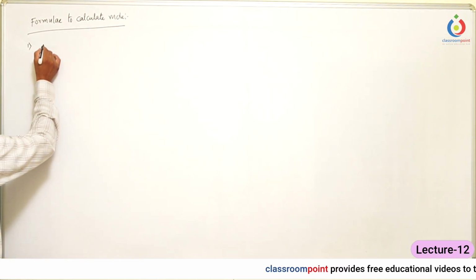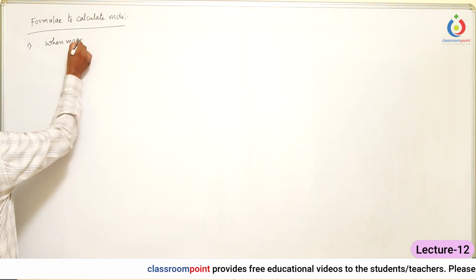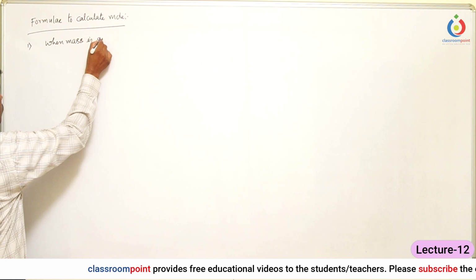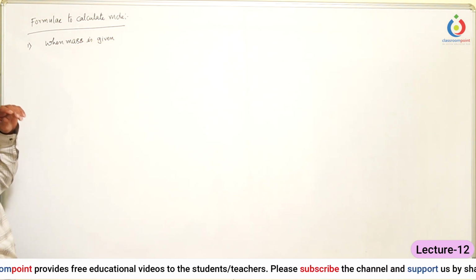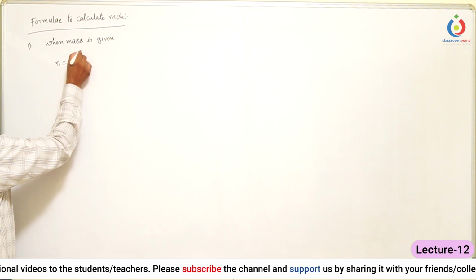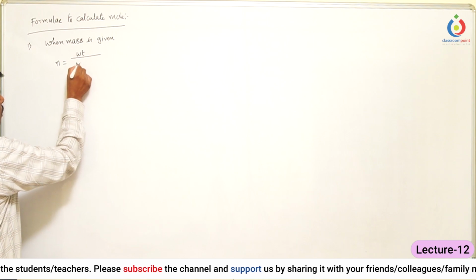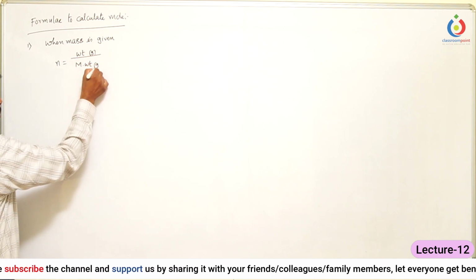When mass is given, how to solve the questions of the mole? What is the formula? Number of moles equals weight by molecular weight of the substance. All these units must be in grams.